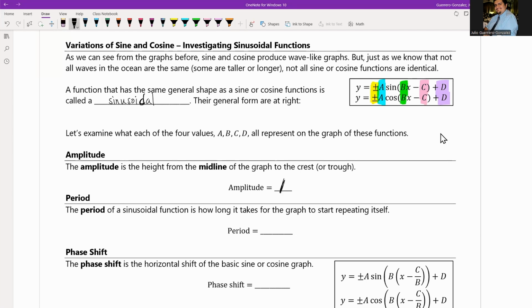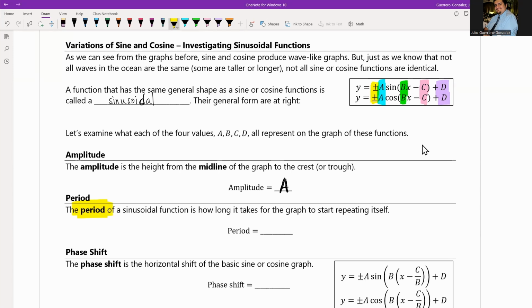Amplitude is given by the A, the same A that's up here. When we talk about the period of a function, you remember what a period is: it's the distance before it starts to repeat. The period of a vanilla sine and cosine graph is 2 pi.